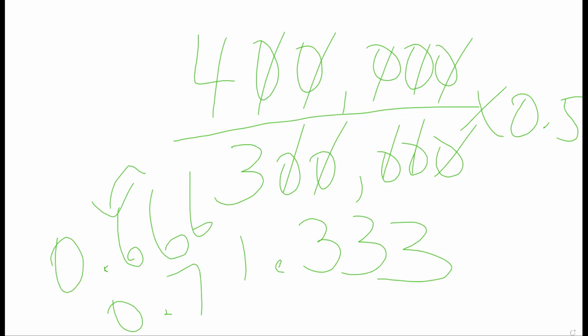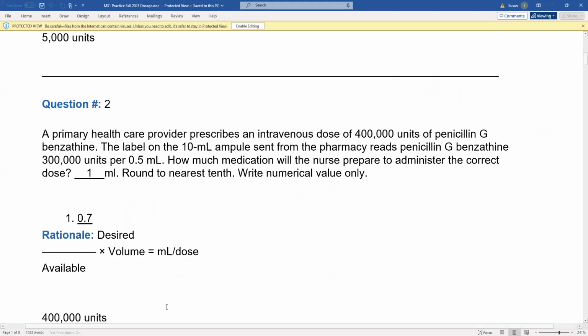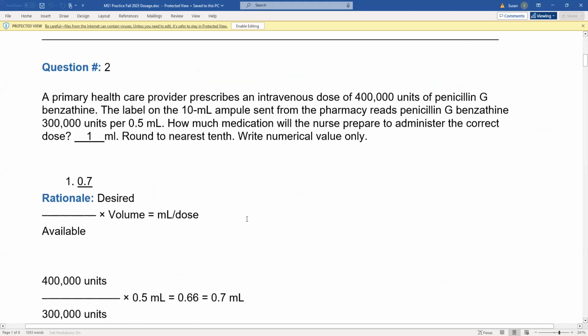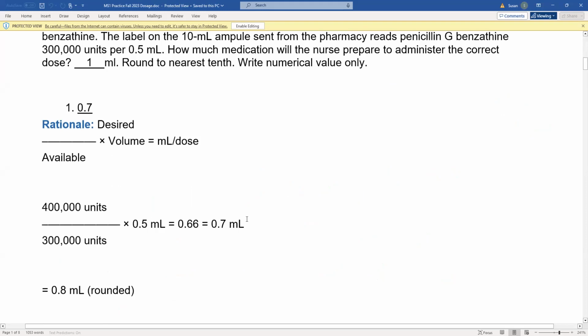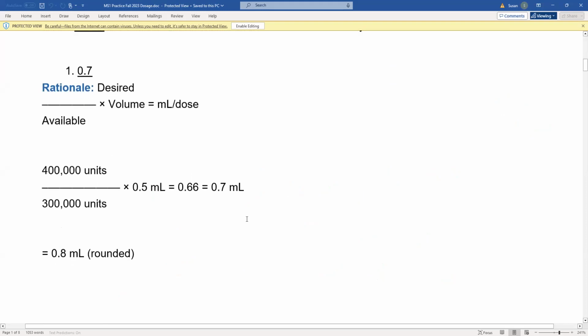Any questions on that? That's wrong. That's 0.8 ml rounded. That's wrong.